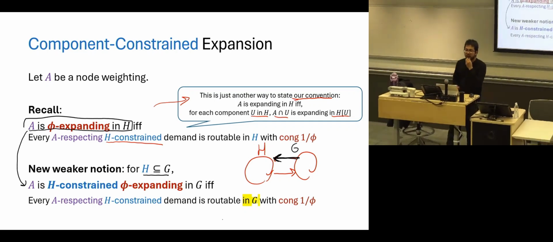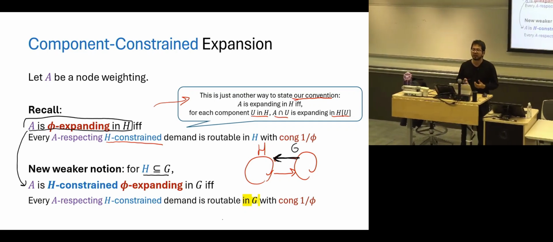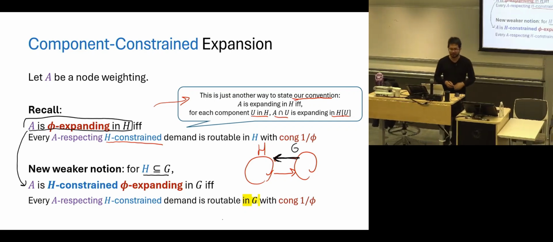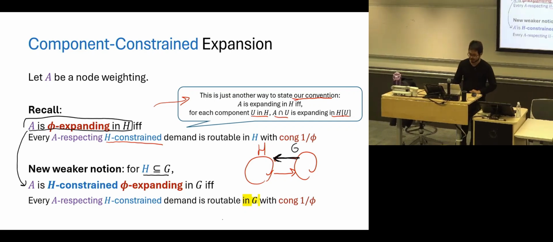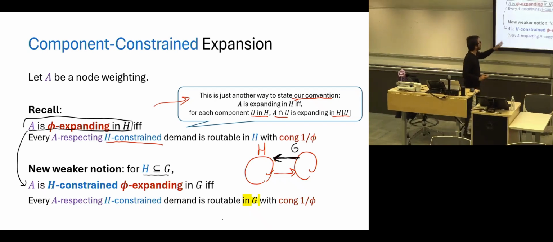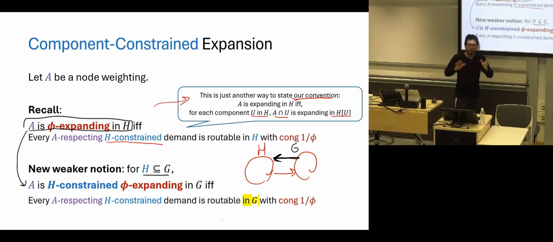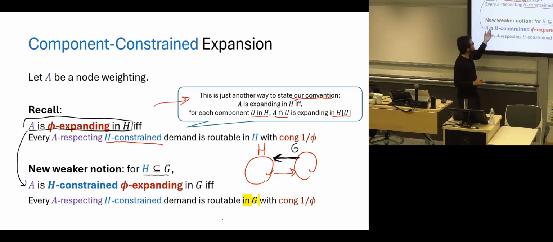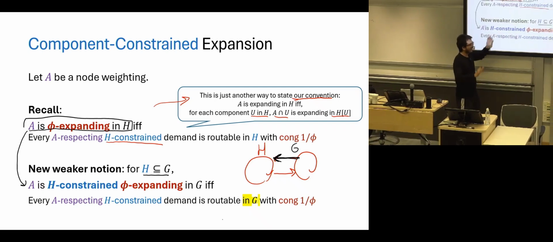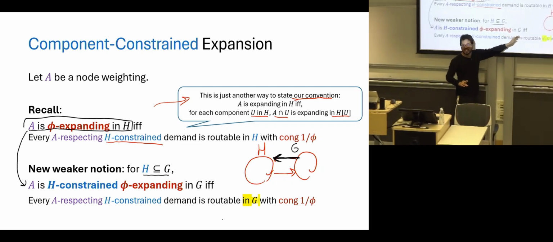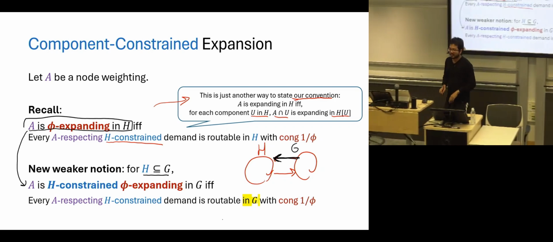Yeah, so this kind of looks like the picture pre-expander trimming as well. Exactly. Before we do expander trimming, A is kind of expanding in that large giant component, but it's expanding in G. Very good.